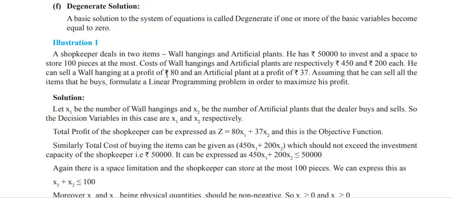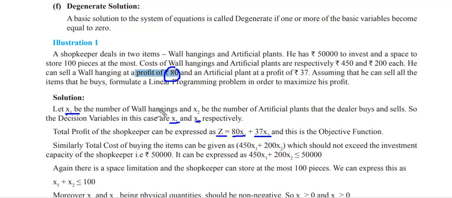So x1 and x2 attached with this become the objective function. And how we maximize our profit, that is our objective function, is explained as z is equal to 80x1 plus 37x2.